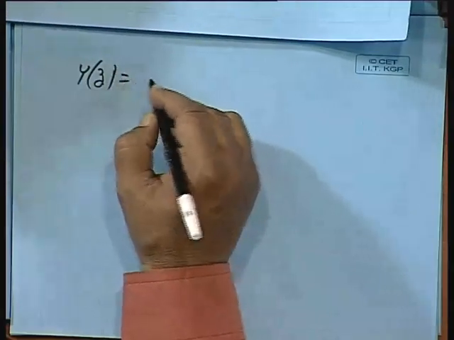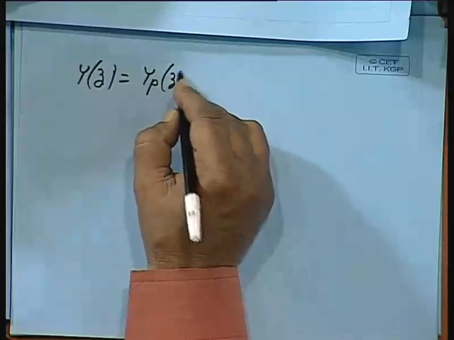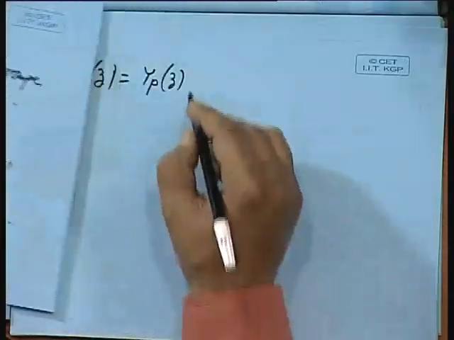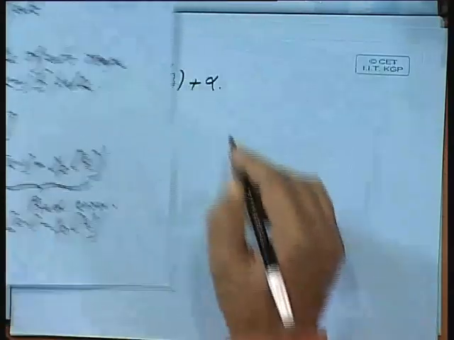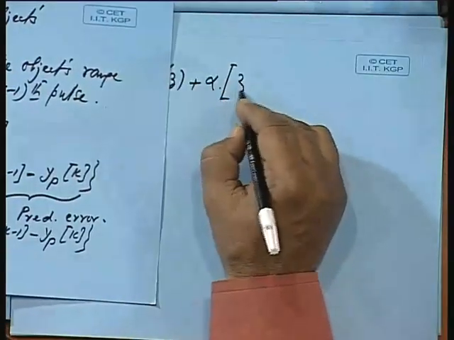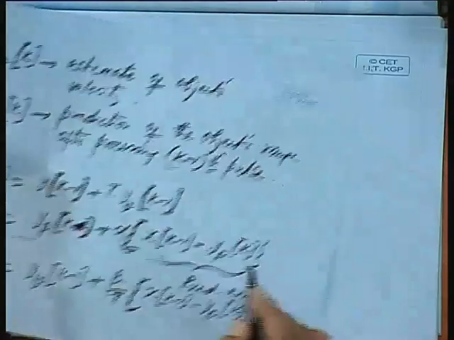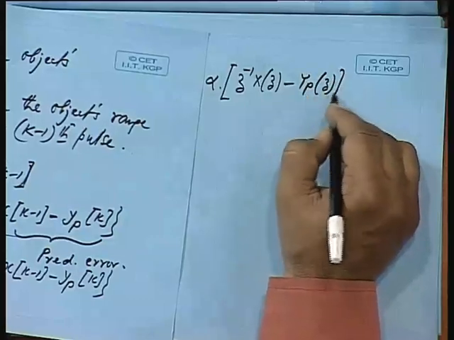Y z is equal to yp z plus alpha times x z into z inverse minus yp z. Is that all right?